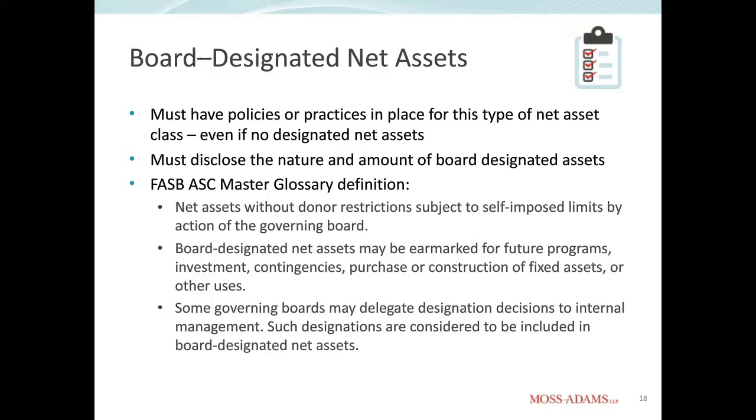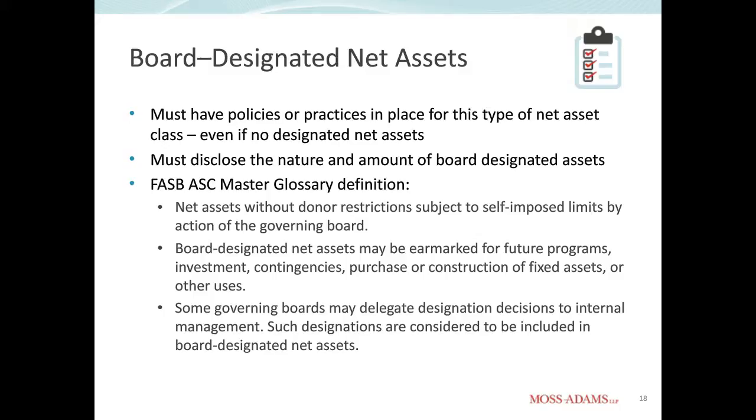And again, this is where that clarification I think is really helpful, moving from the unrestricted, temporarily restricted, and permanently restricted net assets to those without donor restrictions and those with donor restrictions. It really helps to clarify that those board restrictions are an internal designation without any kind of donor restriction.